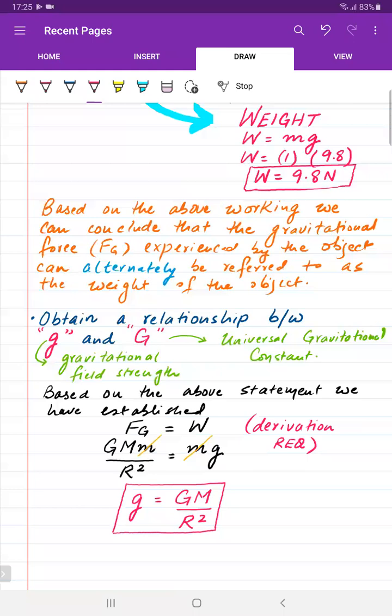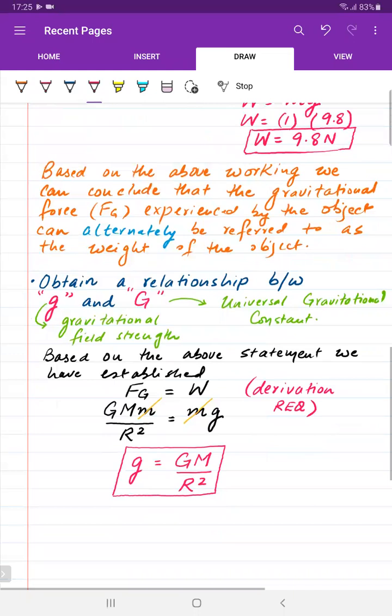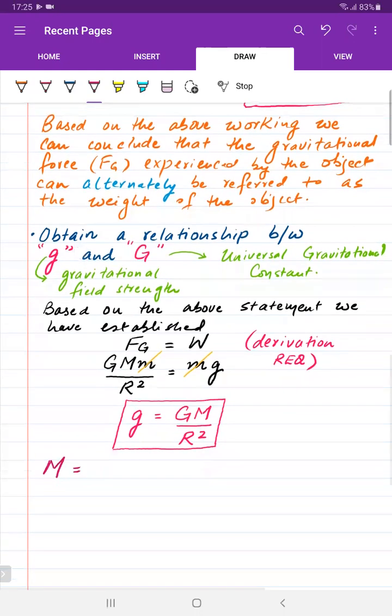Now, इसके अंदर यार, if you are ever asked, okay, what does capital M represent? So I'm sure you would agree. In the above example, capital M was basically the mass of the Earth.